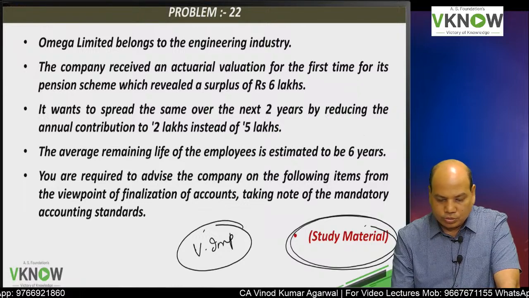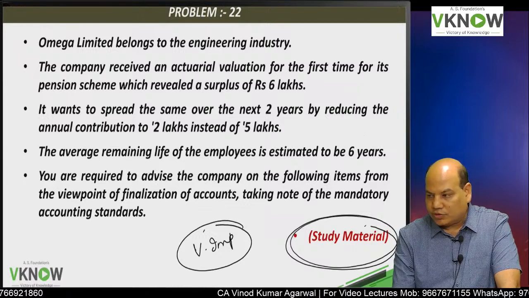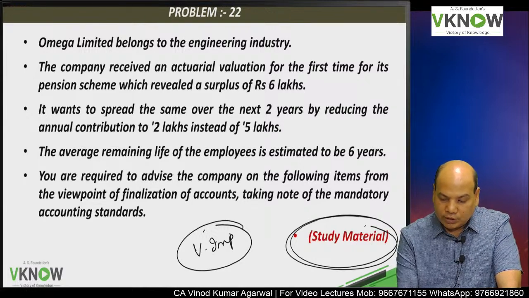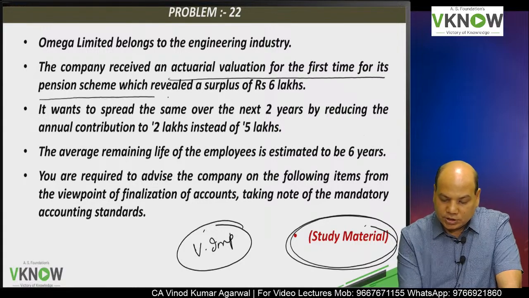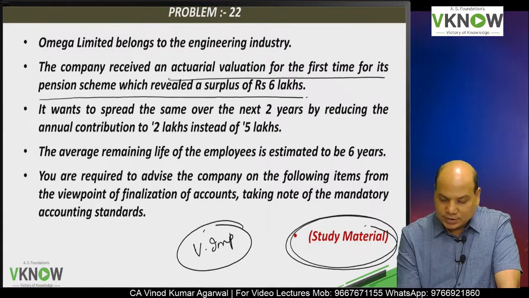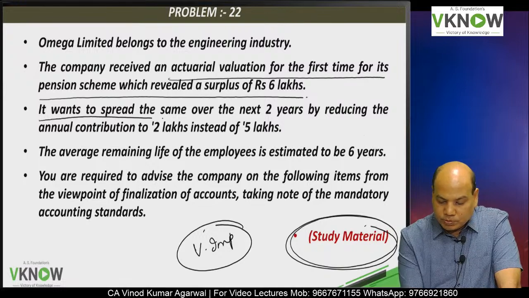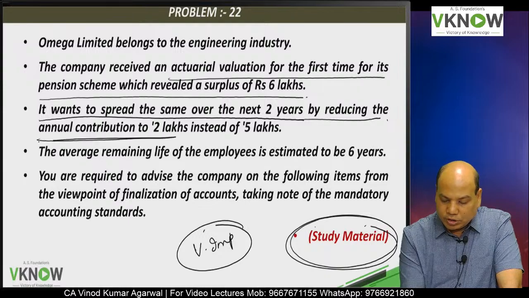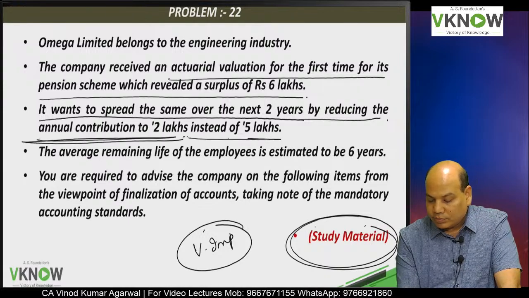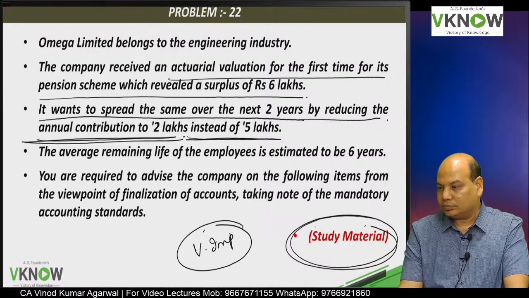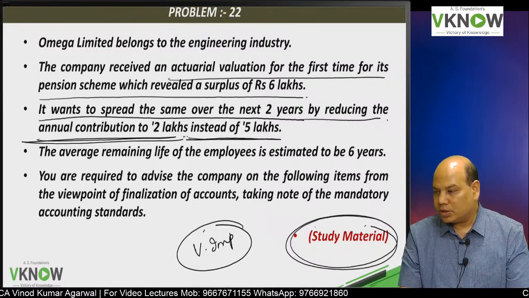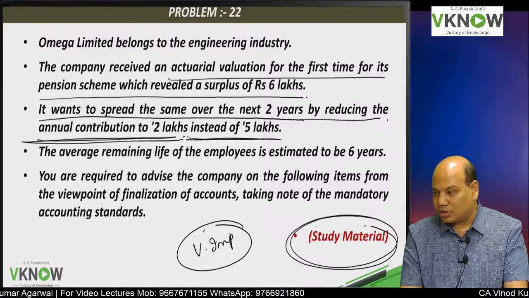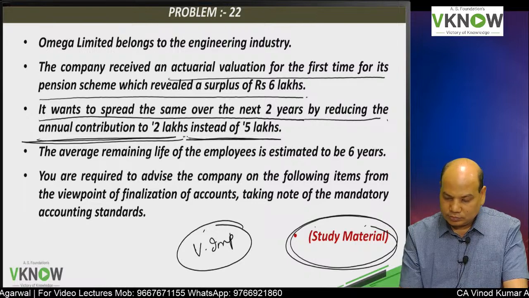Question number 22. Omega Limited belongs to the engineering industry. The company received an actuarial valuation for the first time for its pension scheme, which revealed a surplus of rupees 6 lakh. It wants to spread the same over the next 2 years by reducing the annual contribution to 2 lakh instead of 5 lakh.